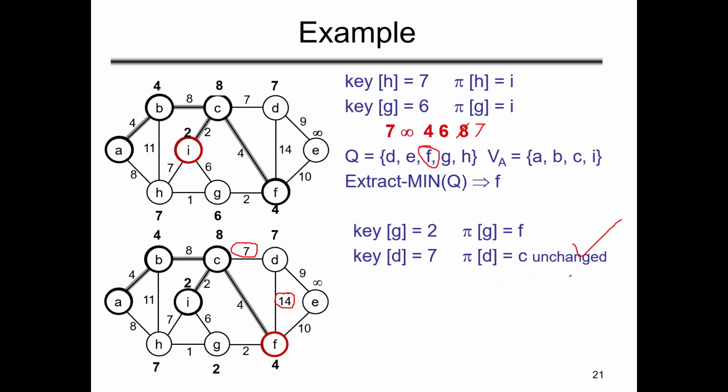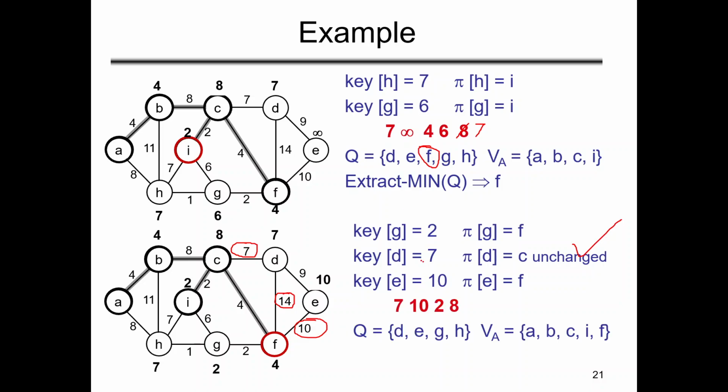Correspondingly, F to E has value 10. So now I will update the queue: G is 2, E is 10, and D is 7. D is unchanged, since 14 is larger than 7.